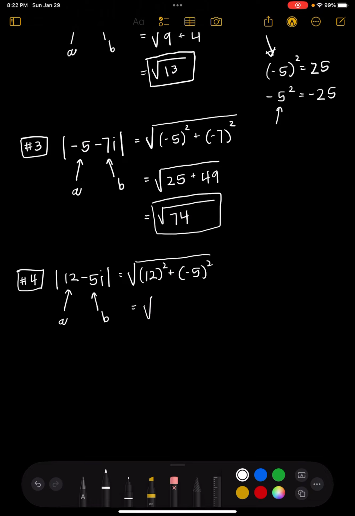All right, simplifying, 12 squared is 144, plus 5 squared is 25. All right, and 144 plus 25 gives me 169. I just had to double check that. And the square root of 169 is 13. So my final answer in this case is 13. All right, and that is how we find the absolute values of imaginary numbers.